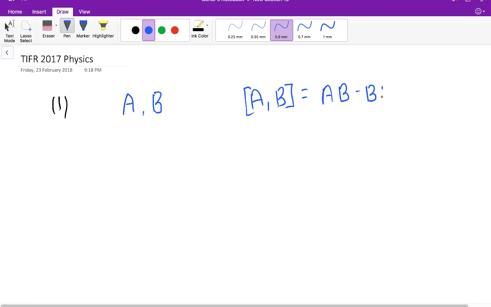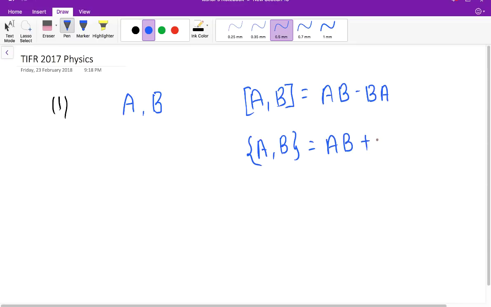Okay, so let's start. To start with, we have two operators A and B, and the commutator of A and B is defined as AB minus BA. The anti-commutator of A and B is defined as AB plus BA.